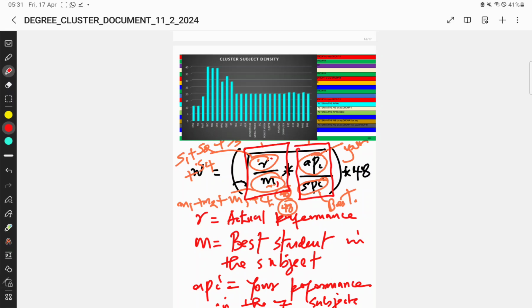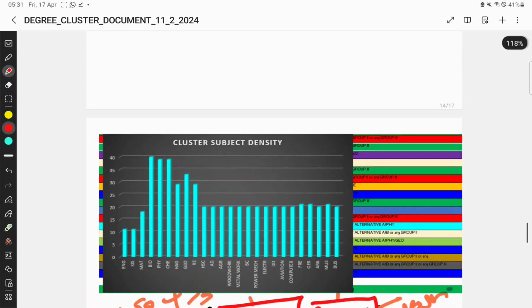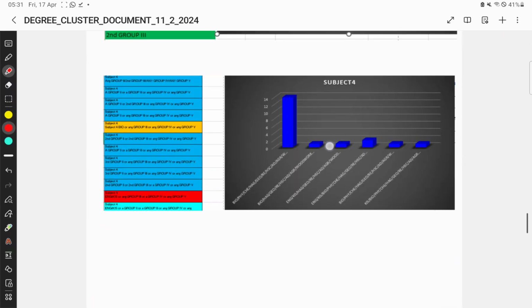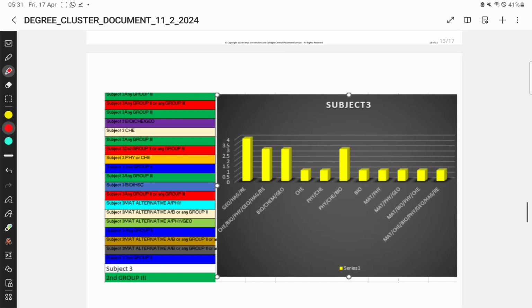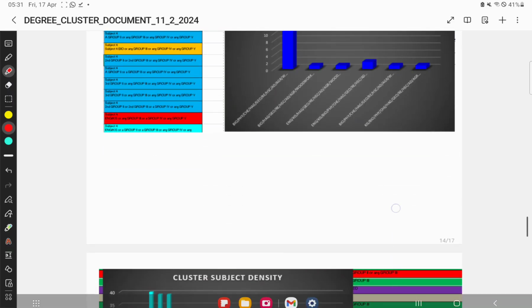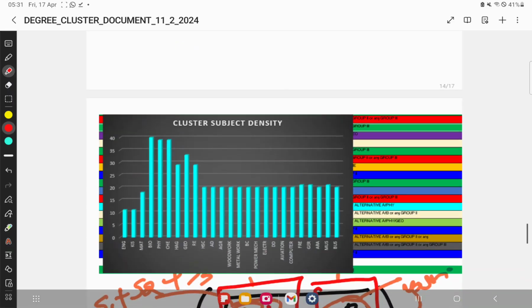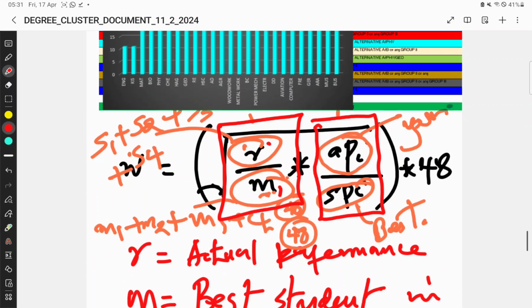Therefore, what I want to emphasize for students to keep in mind is that when you have fixed the individual subjects, you are sure that your cluster subjects that are required for your career, you have fixed them, you must take advantage of the other subjects which are also not in the cluster subjects, but they are also going to affect your weights, that is to say your overall performance.